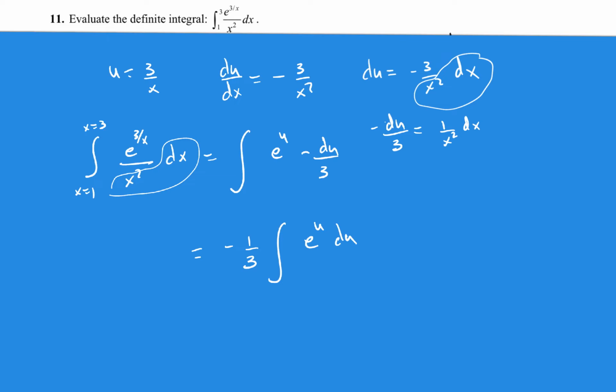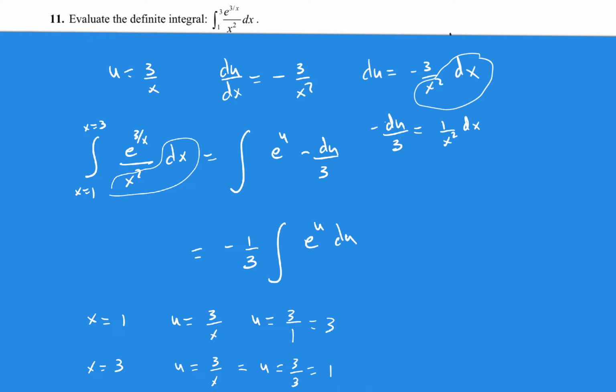But pay attention that x equals 1 means, because u equals 3 divided by x, that the lower limit is 3 divided by 1. When x equals 3, u equals 3 divided by 3, which is 1.